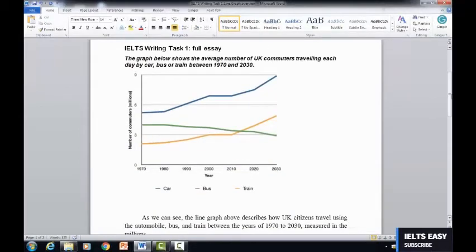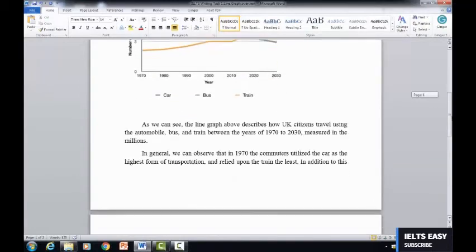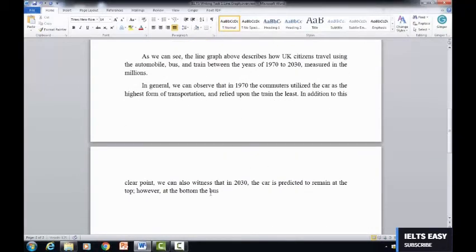All right, so in 2030, the top is the car, the bottom is the bus. Okay, so that's what our general paragraph looks like.